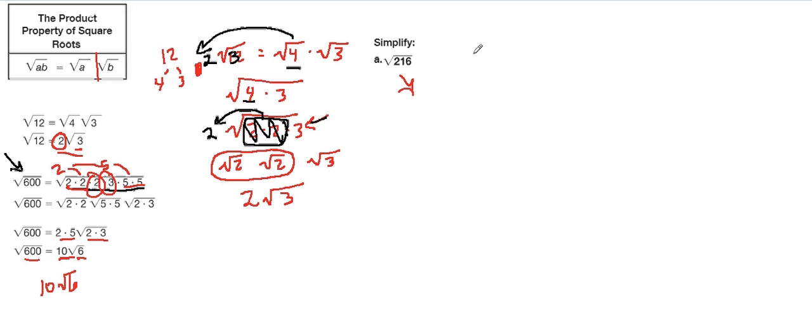How do we do this? So you see this problem, you take 216 and you break that down like we did here. We wanted prime parts. So 216, why don't I just do 2 times 108? And then 2 times 54. 2 times 27.